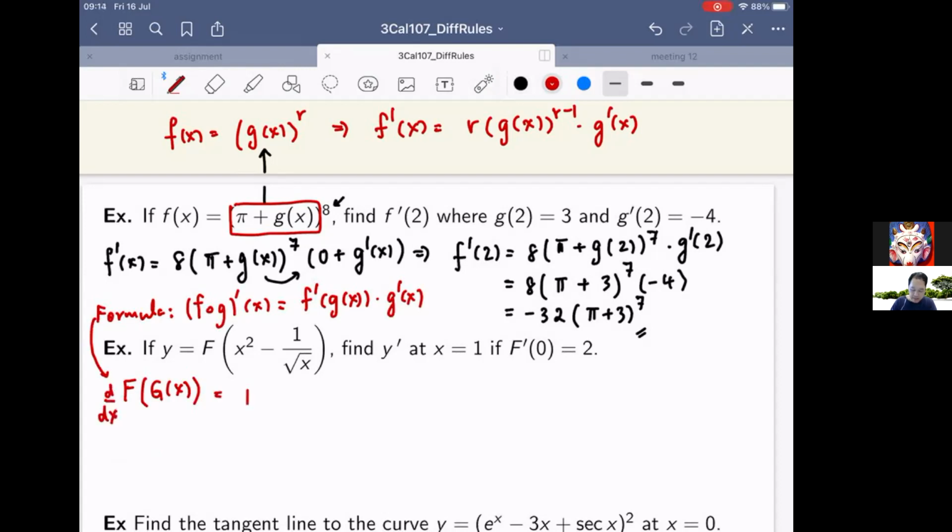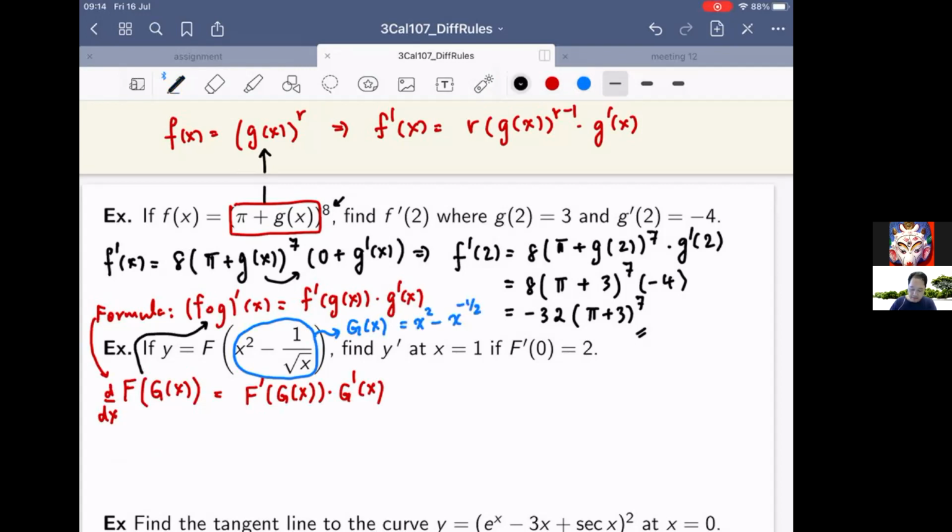It would be capital F of g(x), because this one is actually the same as f∘g, and then multiplied by g prime. So it means this one inside is already your capital G, which is x squared and then x raised to the power negative 1/2, because it is at the bottom.